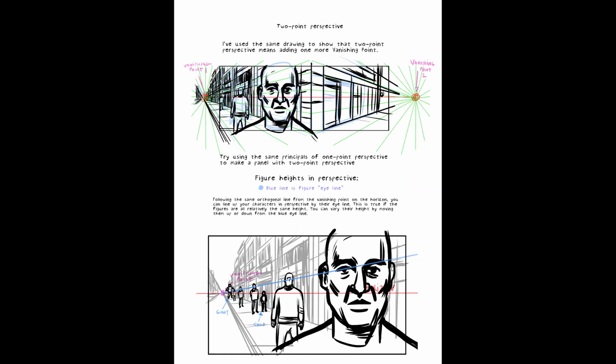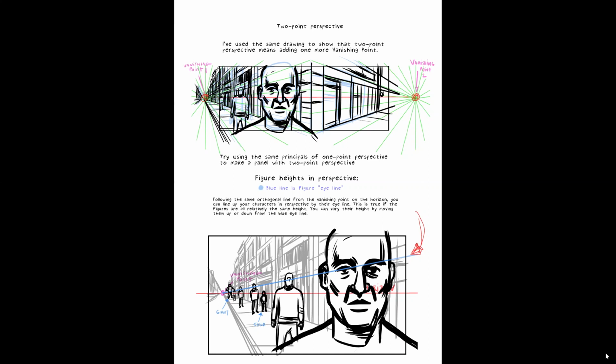Another trick that's nice for putting multiple characters into space, like the foreground, midground, and background, is thinking about their eye line. So the blue line down here is representative of the viewer's eye line, or the character's eye line.